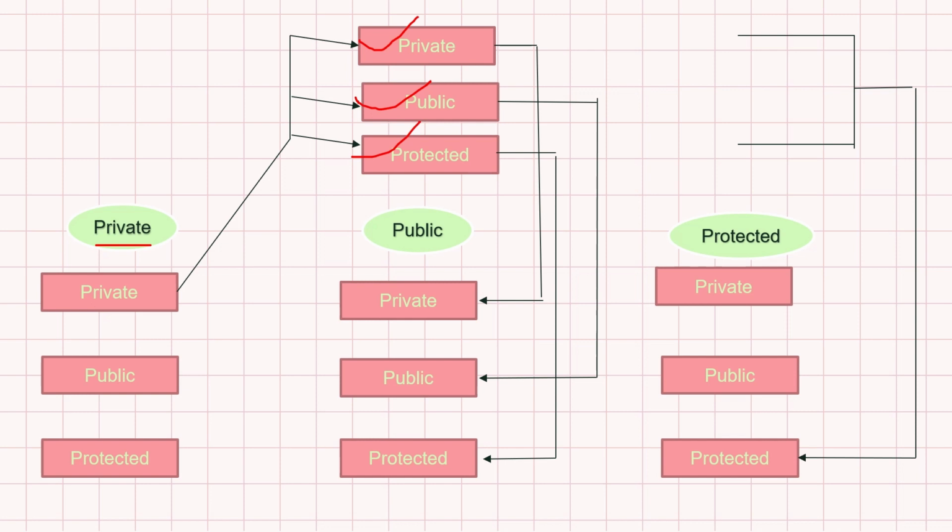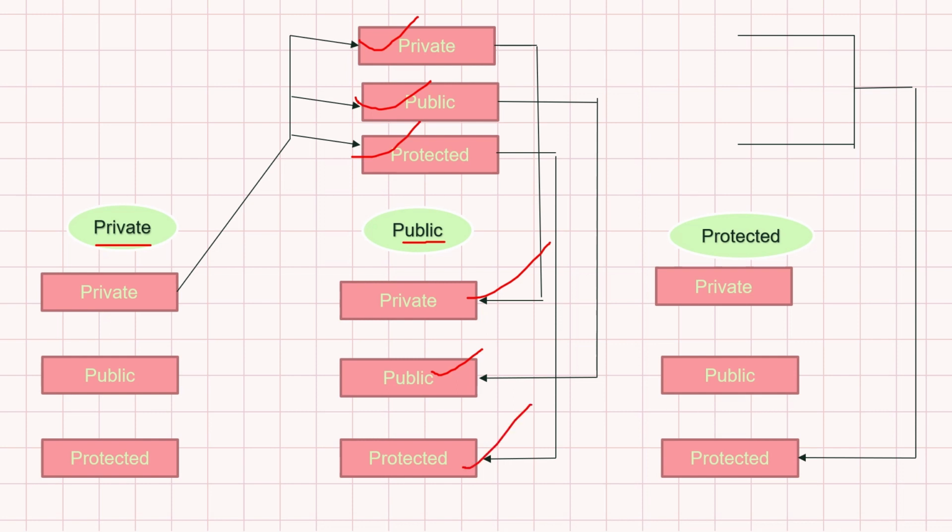And if we use the public specifier, the private data of the parent class stay private in the child class, and the public data are stored in the public section of the child class, and similarly for protected.